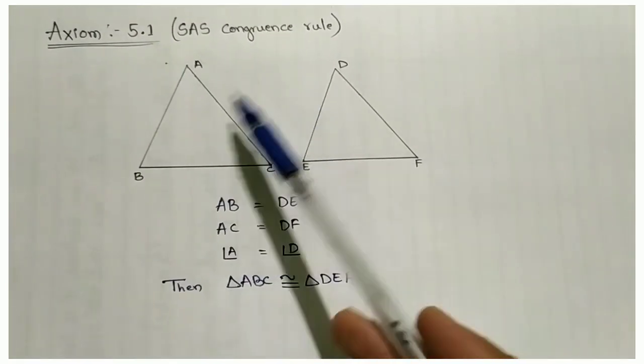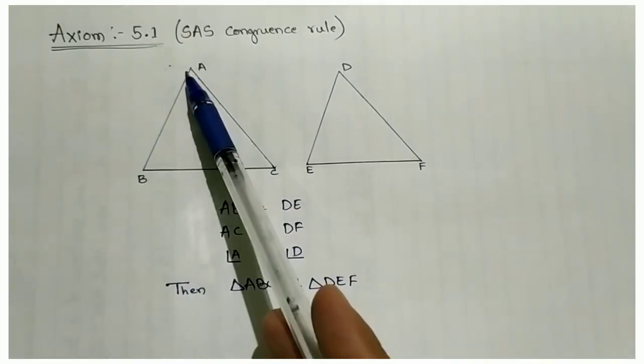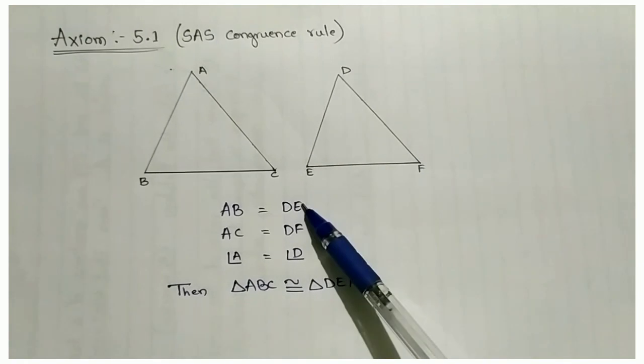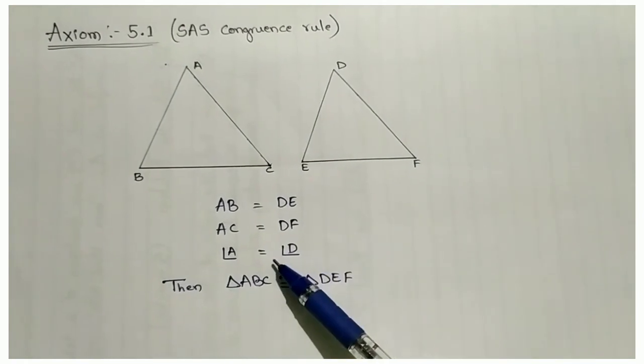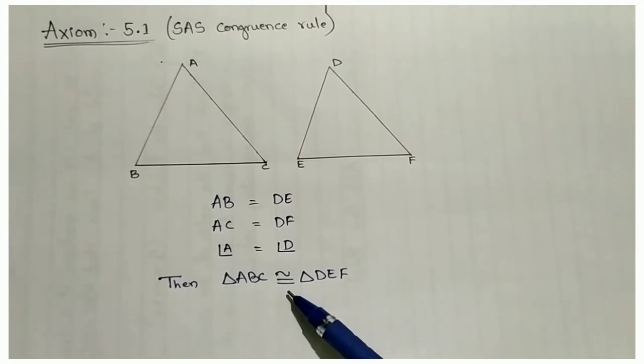That's why this rule is SAS, side angle side. 2 sides are equal along with the one included angle, then both triangles are congruent.